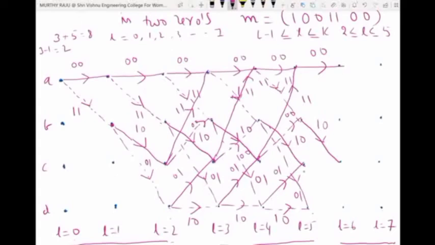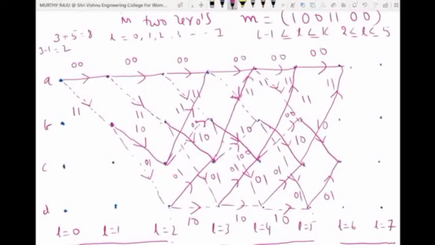You are in steady state, input bit is 0, goes to state A, with output 1 1. You are in D state, input bit is 0, goes to C, with output 0 1.